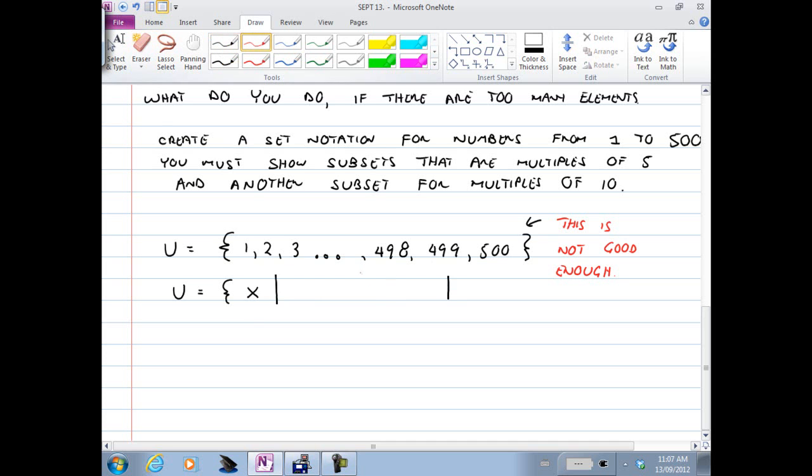This is where, most generally, your formula goes. So I started off with x, which means I'm going to use x in my equation. That's what it represents.